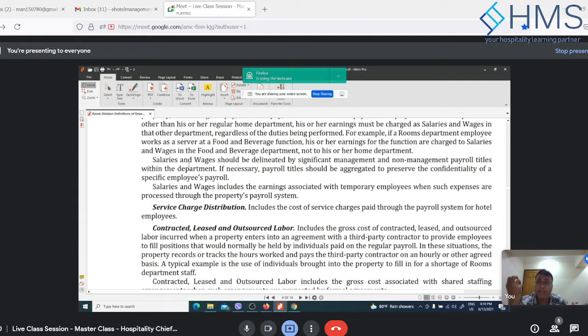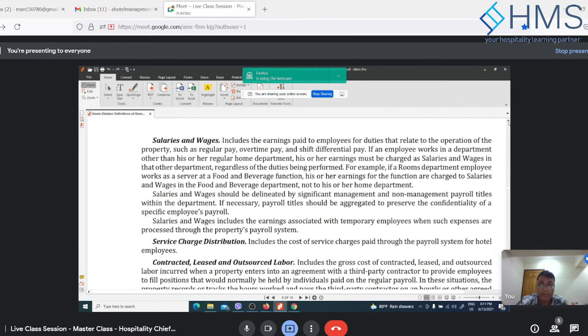So salary and wages include both the permanent labor and also the overtime, shift differential, and contract staff if they are processed through the payroll system of the hotel. If there is a contract staff which the hotel has hired but it's paid to a third party contractor first, because maybe they have a contract where they provide the material and also the labor, then the cost would go to the contract labor cost.